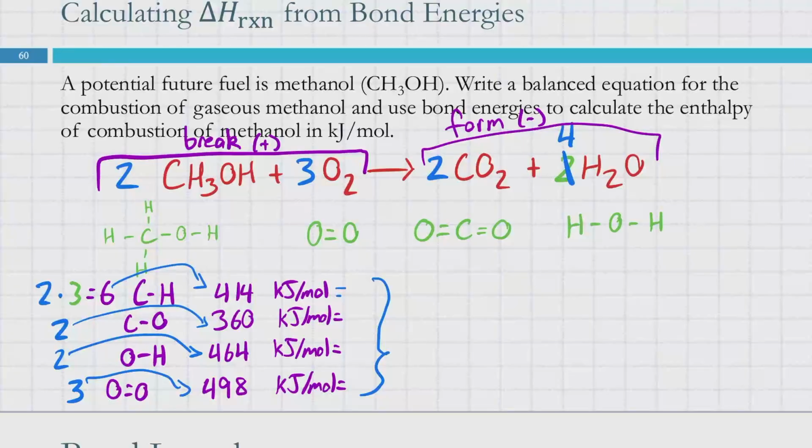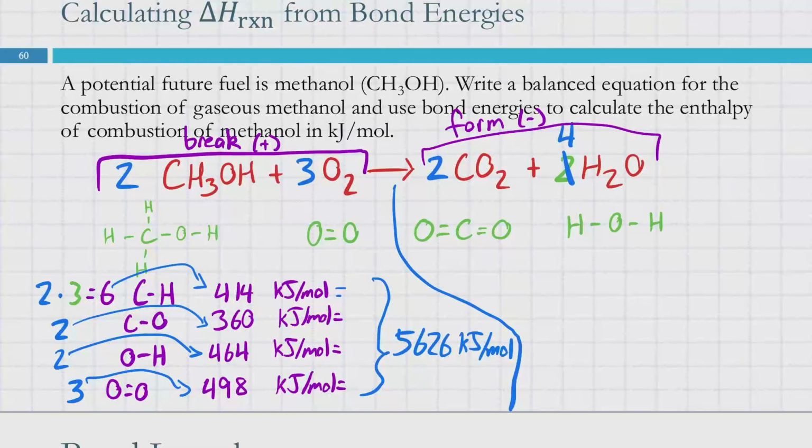So 6 times 414 plus 3 times 498 plus 2 times 360 plus 2 times 464, and I get a value of 5,626 kilojoules per mole. So that's our energy that we're putting in to break literally all the bonds.